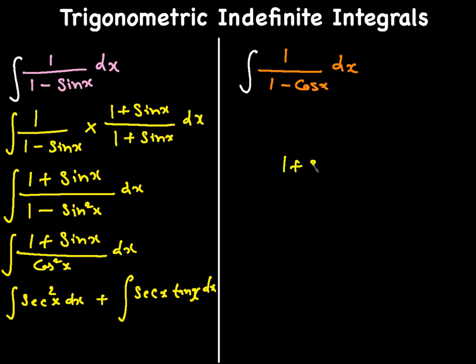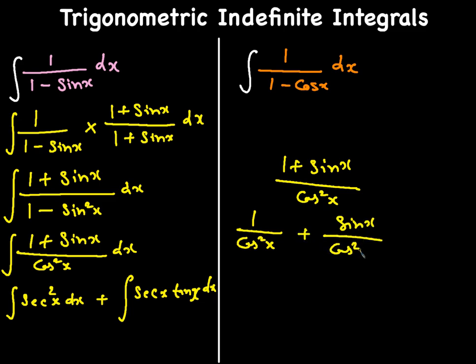So 1 plus sine x over cos square x. I'm gonna break it down. That gives me 1 over cos square x plus sine x over cos square x. 1 over cos square x we wrote as secant square x, and this becomes plus, and I'm gonna break down cos square x into 2 cos x, so that gives me sine x over cos x times 1 over cos x.